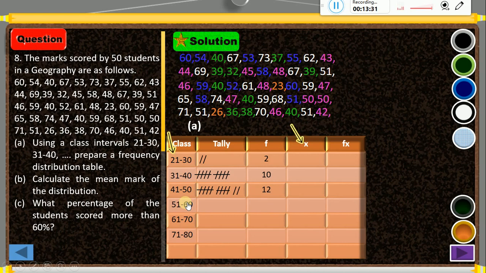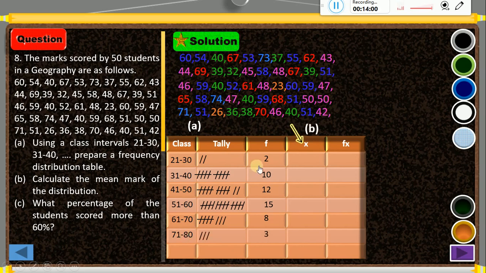At the end, you see that we have a total of 15. Then the next class, highlighted in red, will give us a total of 8. The last class, just 3 of them, a total of 3.